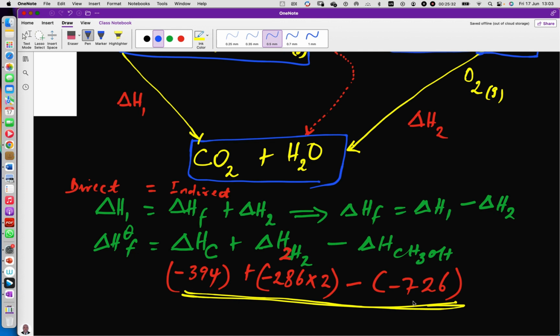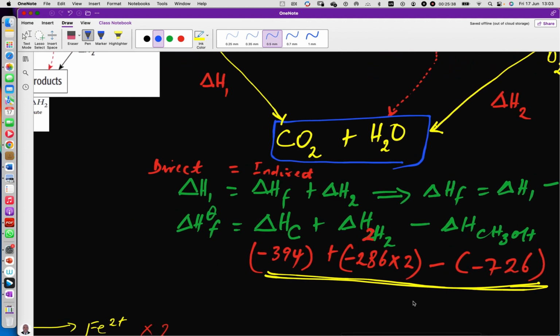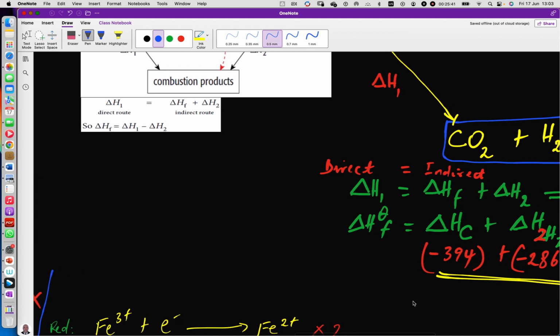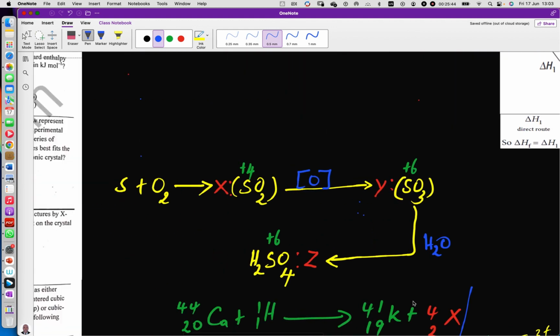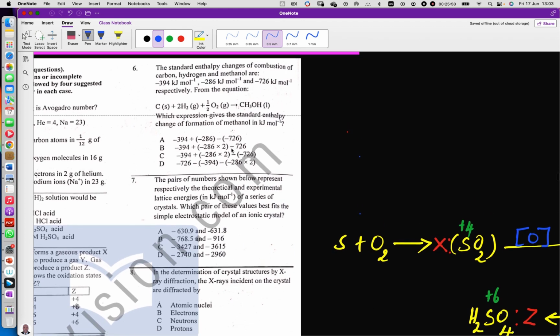So if we look at this value and check the answer column for question number 6, we are going to see negative 394 plus negative 286 times 2, minus negative 726.